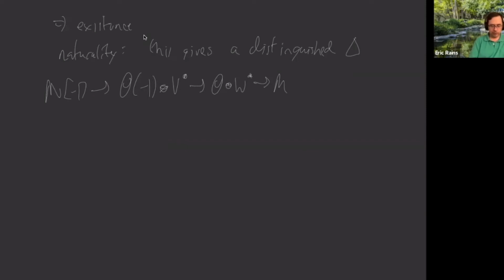And then we just need to observe, basically the same argument we did before, that W is the derived global sections of M, and V is, up to a shift and doing things right to get the canonicality, this.